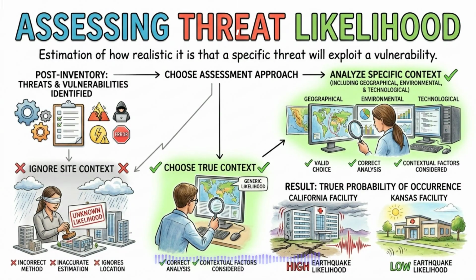Once your inventory is complete and you have identified potential threats and vulnerabilities, the next step is calculating the likelihood of occurrence. Likelihood, sometimes called probability, is an estimation of how realistic it is that a specific threat will actually exploit a vulnerability.